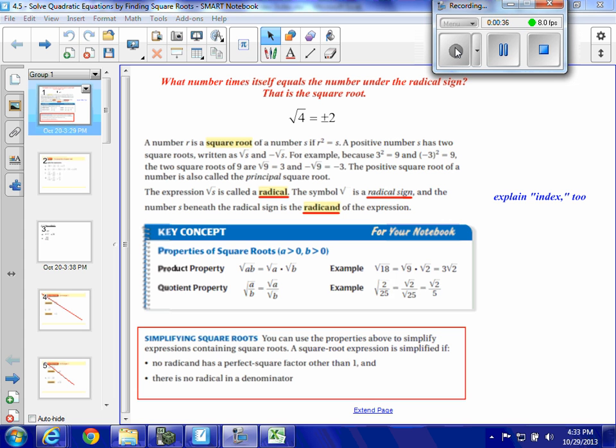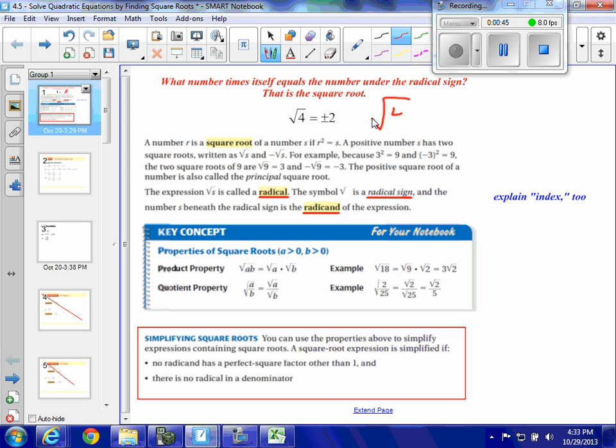First of all, let's remember what a square root is. When I have a square root, I use a radical sign and I put a number underneath it, in this case 4. A square root sign is asking me the question: what number times itself is going to give me the number under the radical sign?